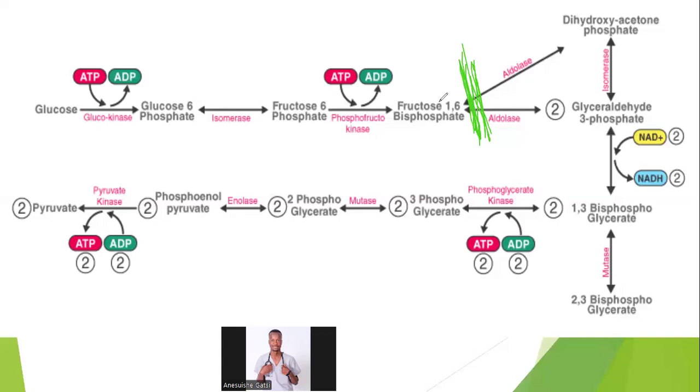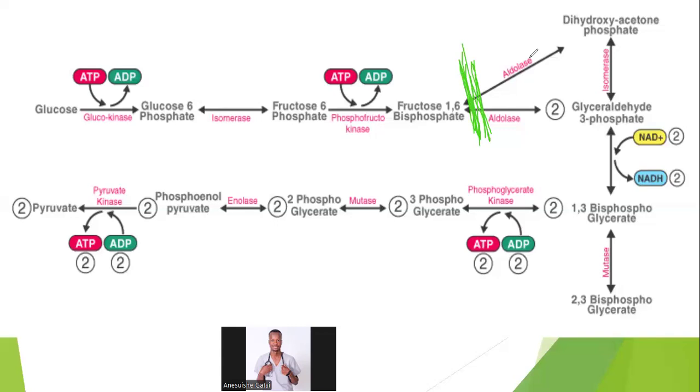So you now need an enzyme that is called an aldolase. Do you by any chance remember what an aldol reaction is in chemistry? I can't remember, sir. Usually it's carbon to carbon bond formation, but I usually don't like teaching people to those levels.